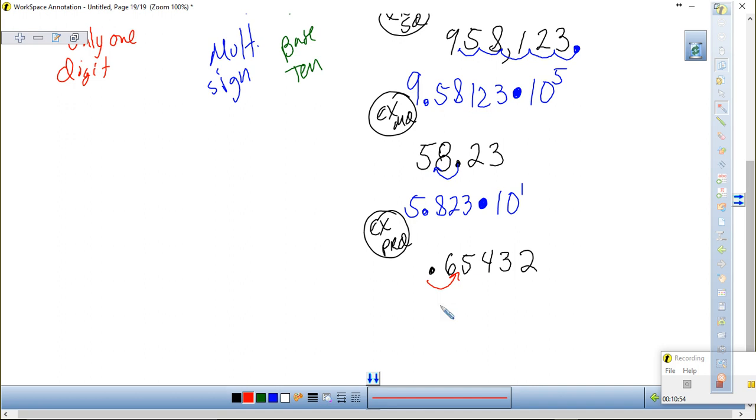So my new number would be what, everyone? 6.543, okay? Times what? 10, and the exponent would be what? Negative 1. Does everyone understand why? Yes, if we move it to the left, it's positive. If we move it to the right, it is negative. Pretty simple? Bam.